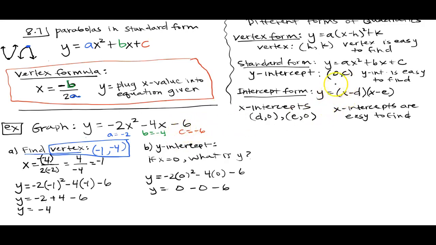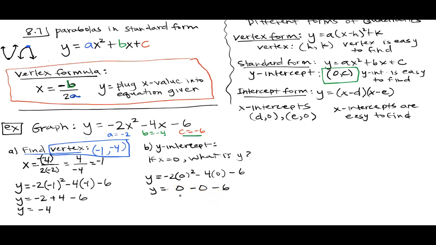And so all we're left with is whatever that C value is. So remember I said up here to find that y-intercept, it's always going to be 0 comma C, and that's what our C is. So we don't have to go through all of these steps. I'm just trying to show you why it is that way.